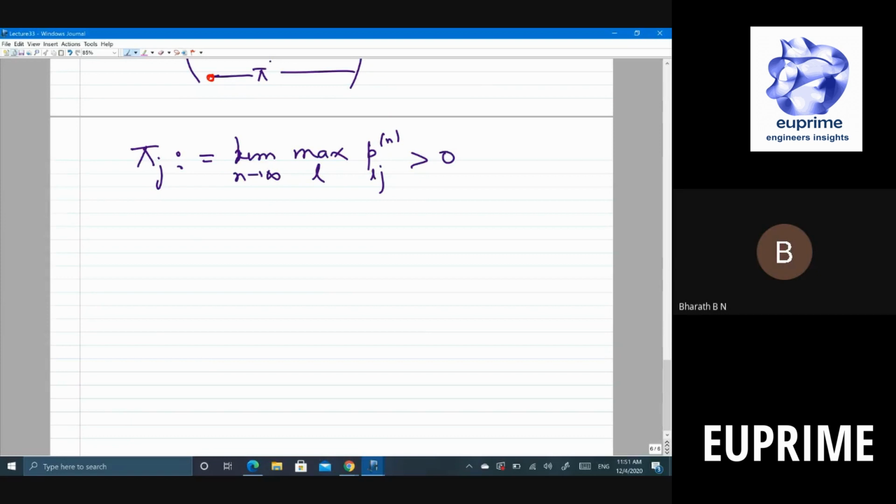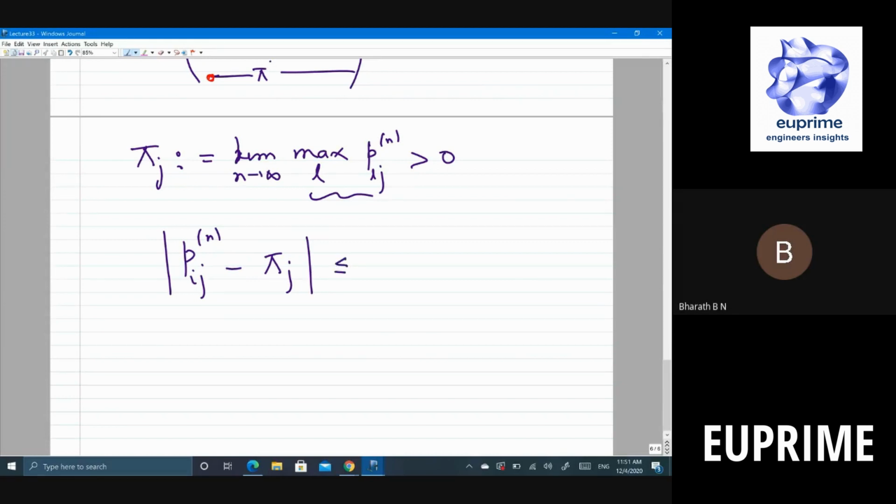Okay. So now what can you say about pi j? If you look at Pij power n and see how far pi j is from that, the difference is this. See, pi j is the limit of max as well as the limit of min, and the max is non-increasing and the min is non-decreasing. So pi j is between the two.